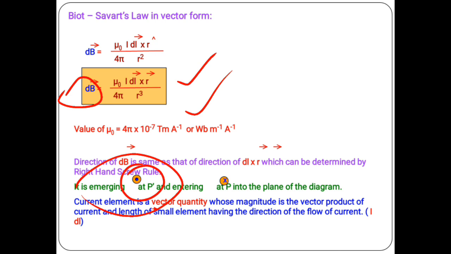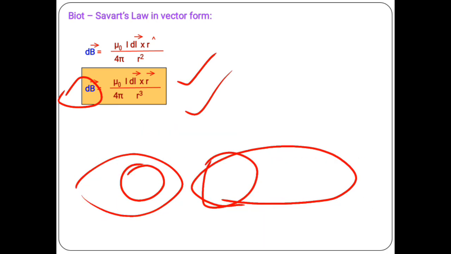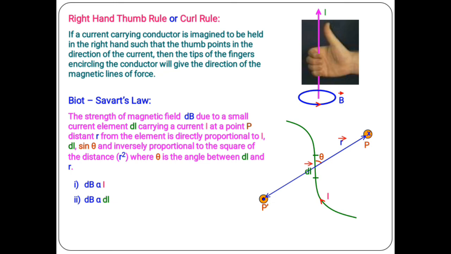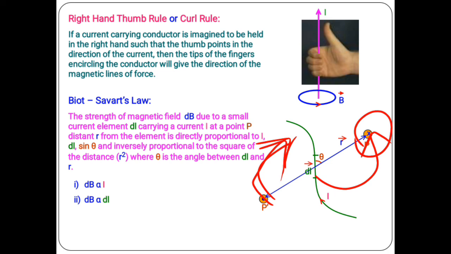At the point P, it is entering inside the plane of the diagram, so it is marked by a cross. So simply by seeing this diagram we can understand. The magnetic field is entering inside the plane of paper at P, and emerging out at P dash. So this is the direction of the magnetic field.